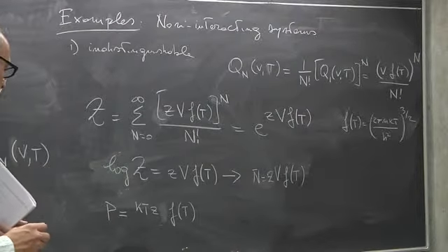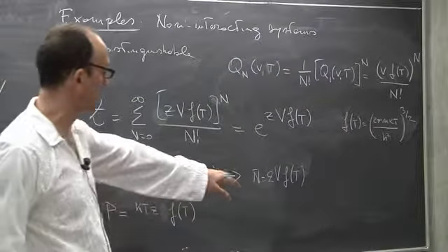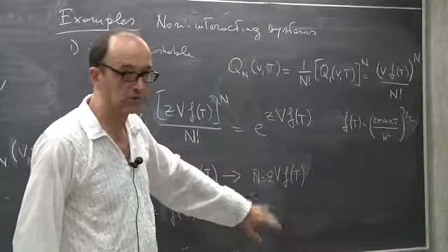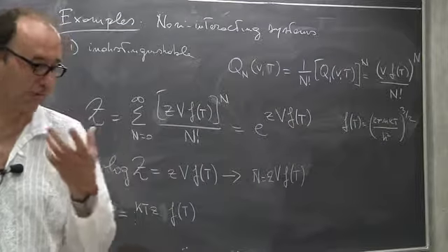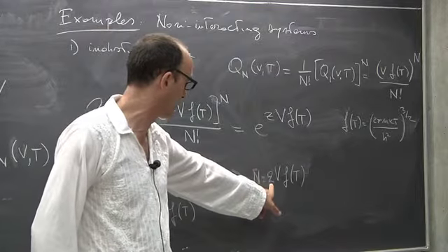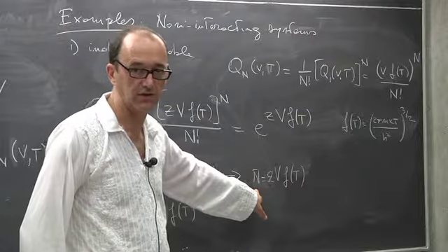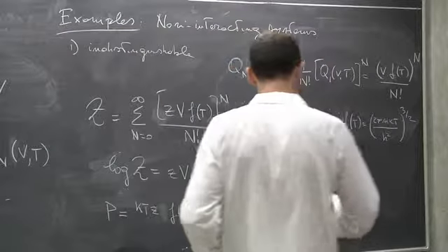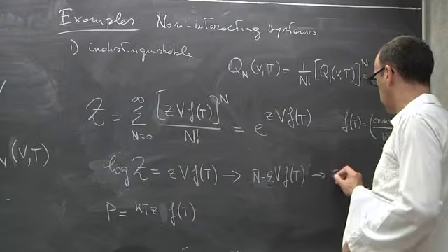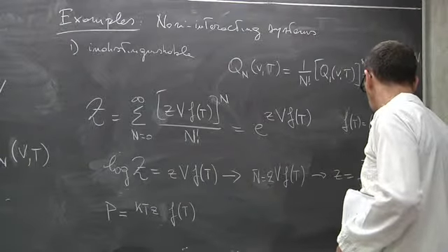So what I can do is use this equation. If I want to describe a system with a finite given number of particles, I can solve it for z and get the fugacity as a function of N, V and T. This gives me that z is equal to N over V f of t.